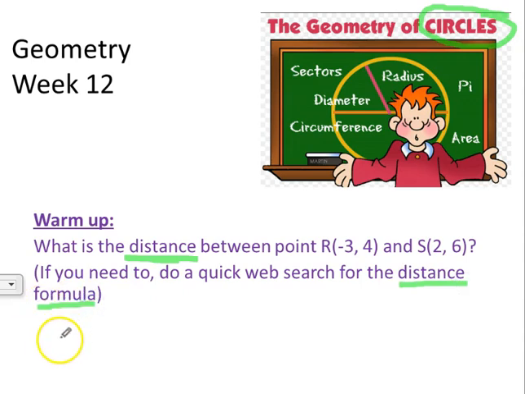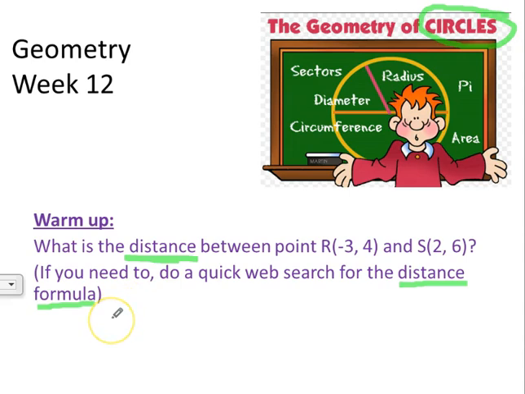So perhaps you've forgotten the distance formula, and that is okay because you have the internet available to you. So if you have forgotten the distance formula, what I want you to do is do a quick web search. If you type in distance formula, you're going to find a lot of resources appear in front of you.